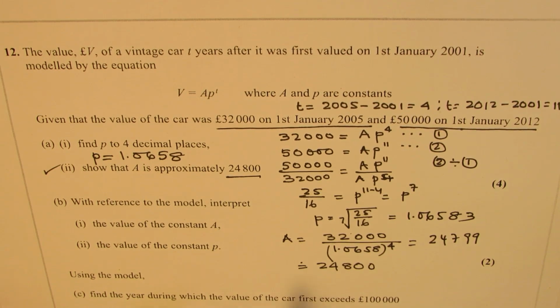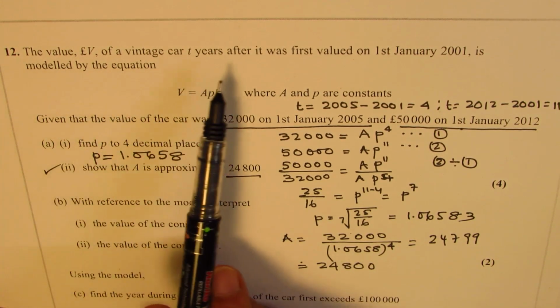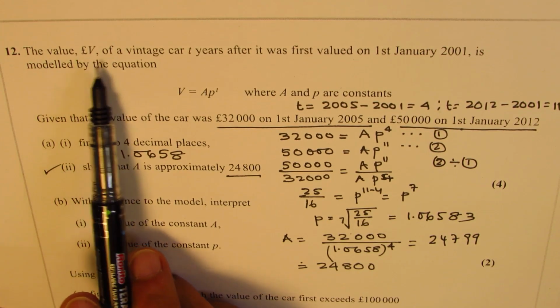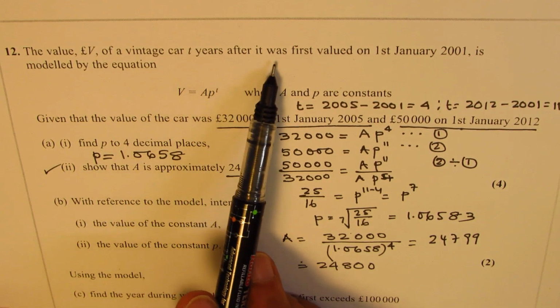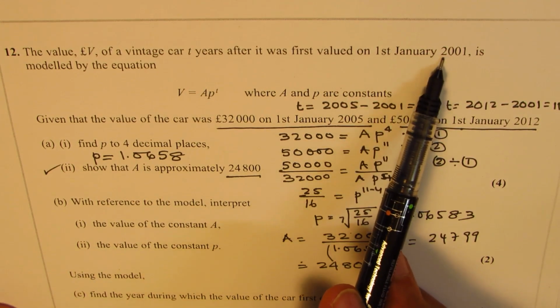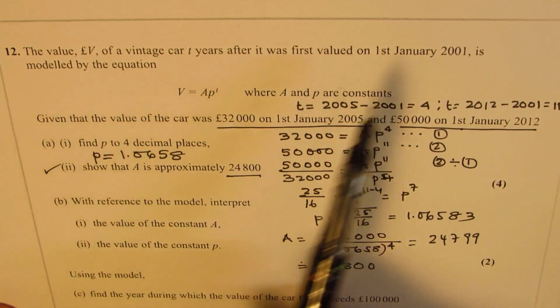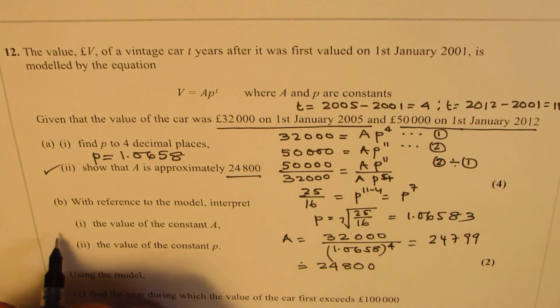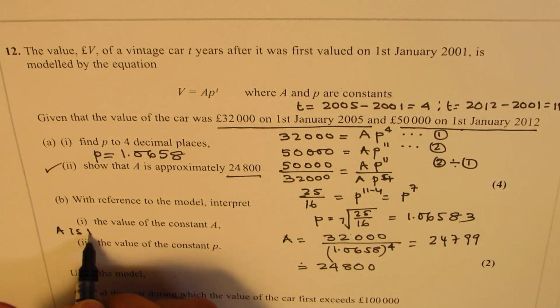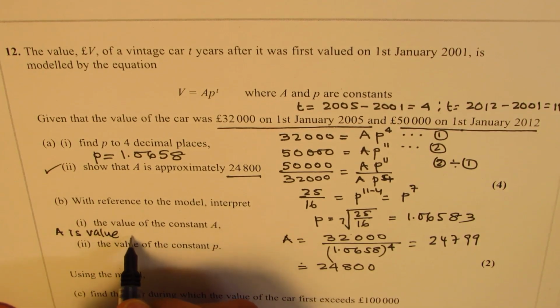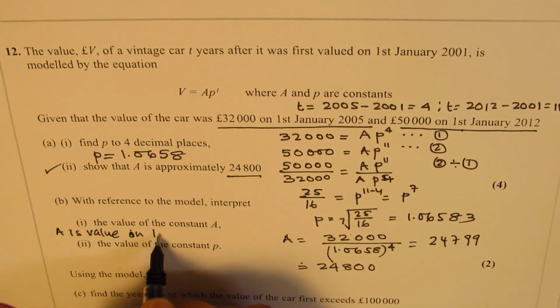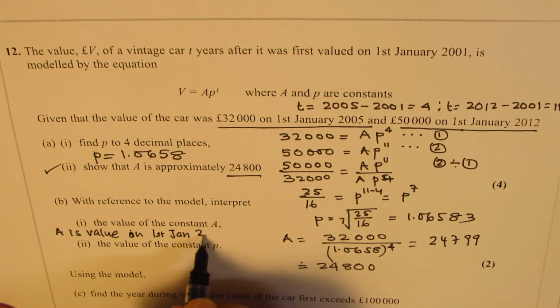Now, with reference to the model, interpret the value of constant A and the value of constant P. If you read the very first sentence, it says the value V of the vintage car T years after it was first valued on 1st January 2001 is modeled by this equation. So the value of A is the value on 1st January 2001.